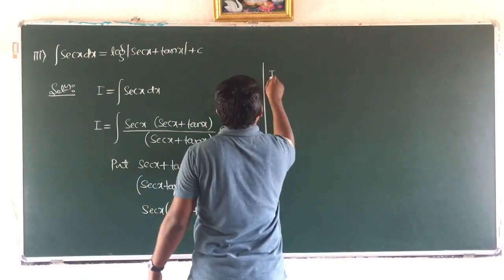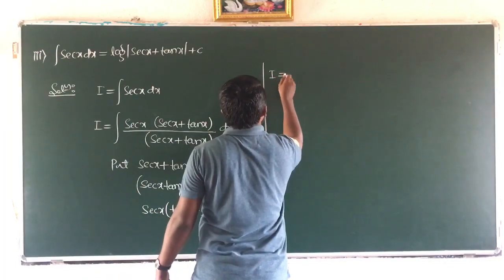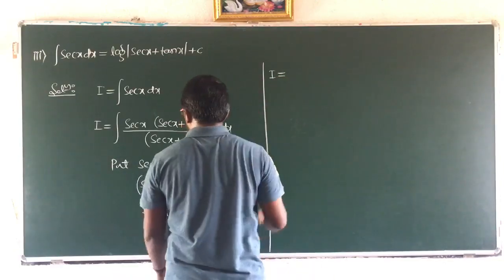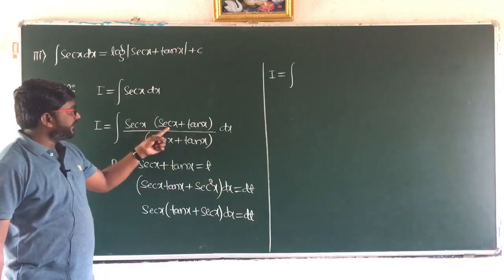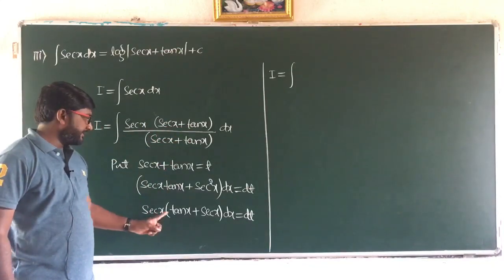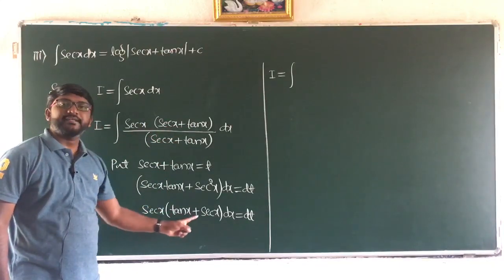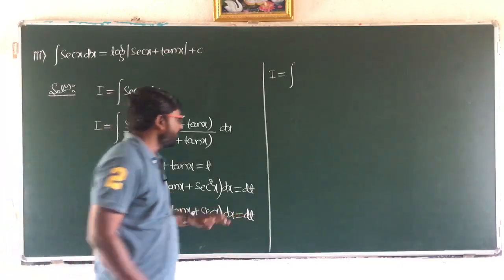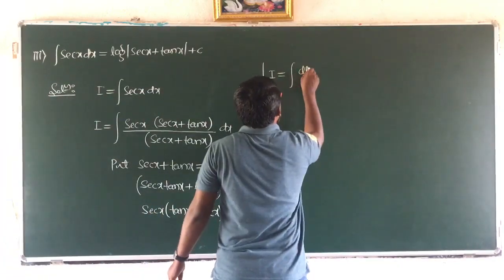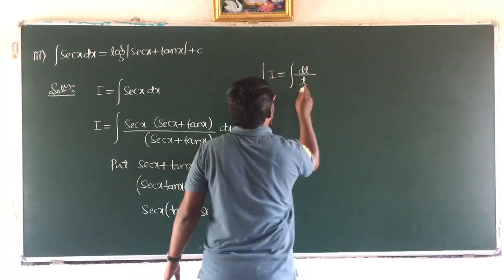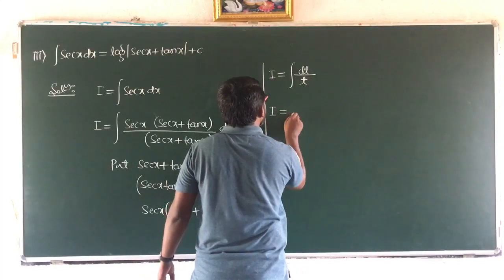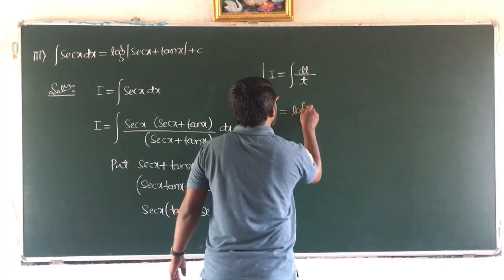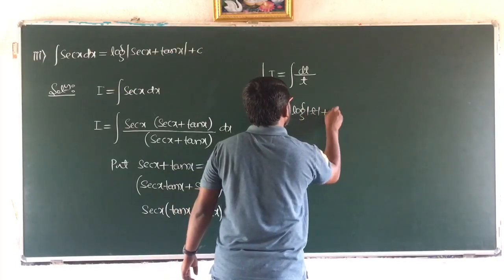I is equal to the integral of secant x into secant x plus tan x, divided by secant x plus tan x, dx, which is equal to dt. So it becomes dt divided by t. Now I, which is the integration of dt by t, will be log mod t plus c.